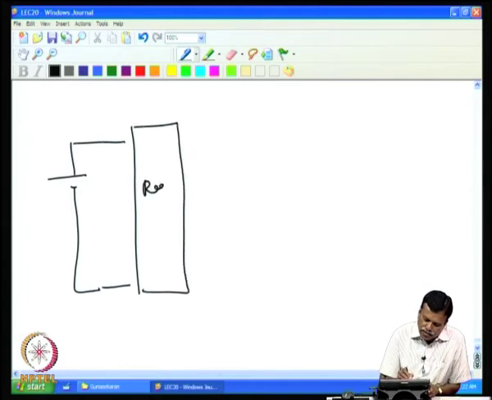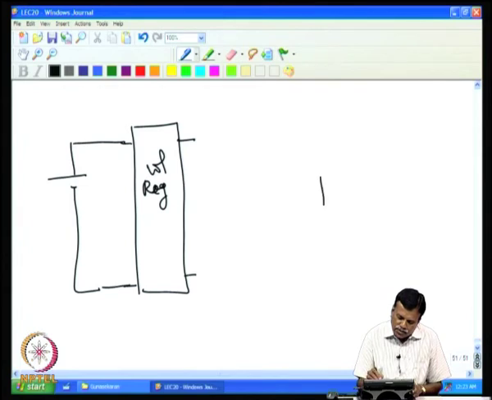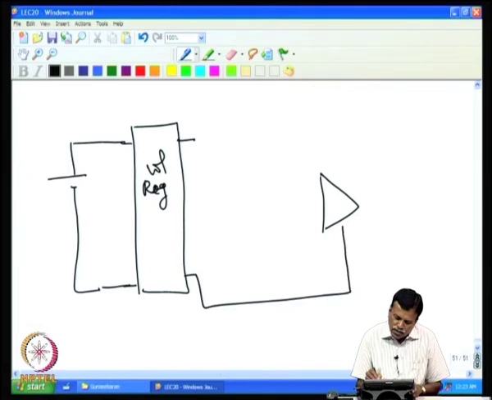So, we have a voltage regulator, with the input voltage coming to this and the regulated output coming out. So, we feed the regulated supply only to this, this is ground, and the regulated supply only we feed to this.